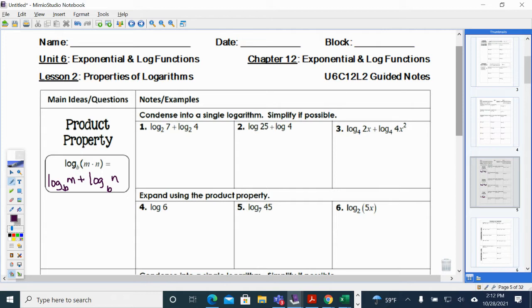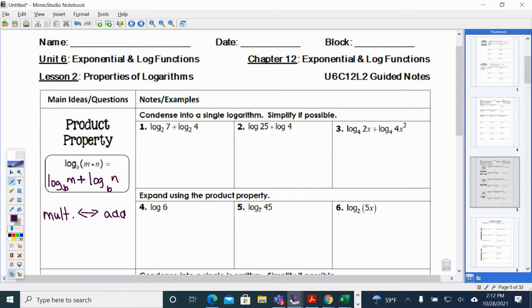You can relate this property with the rule of exponents, where if we're multiplying exponents, we'll add. If the operation says to multiply, exponents add. So multiply and add go together. Notice inside the parentheses here, there's a product, and that means we're going to add the logs.